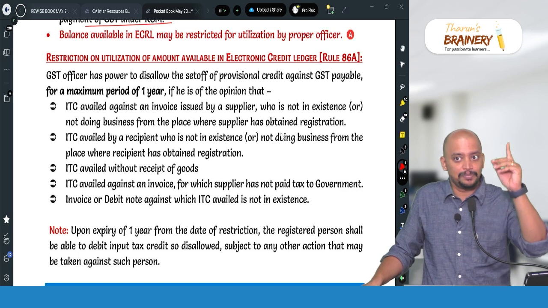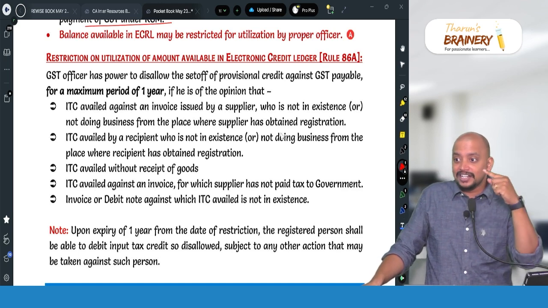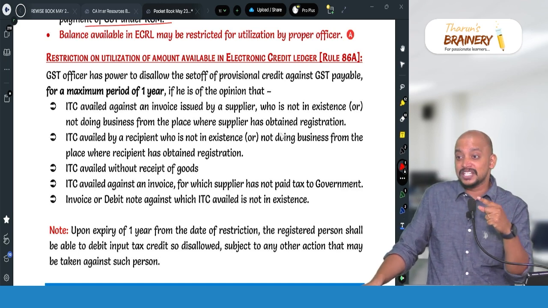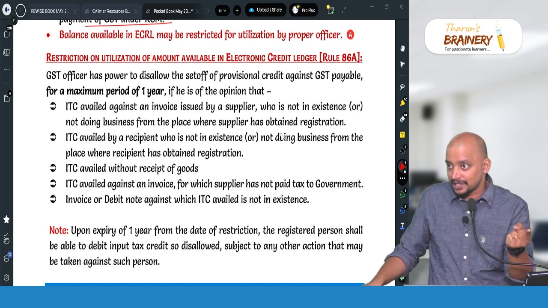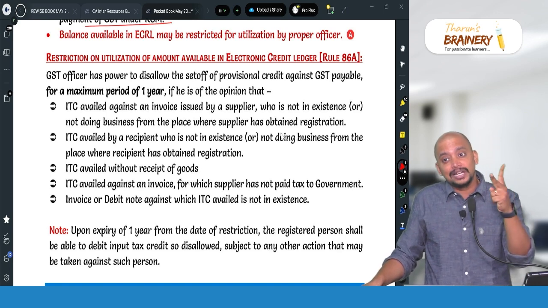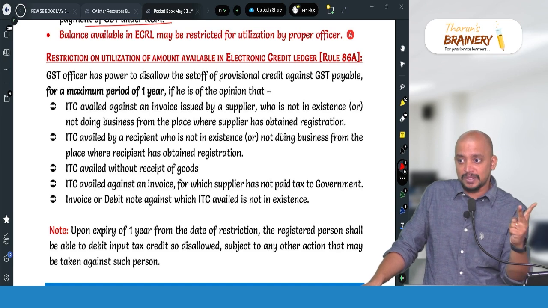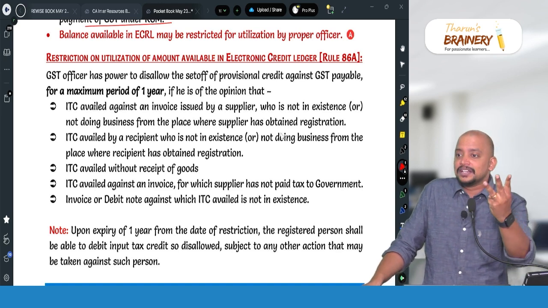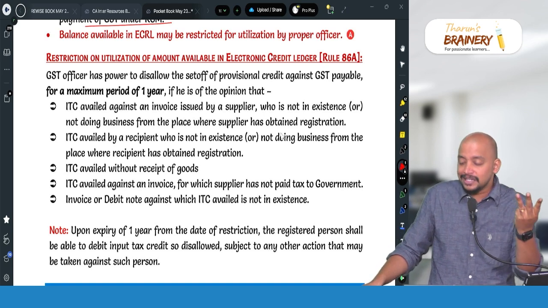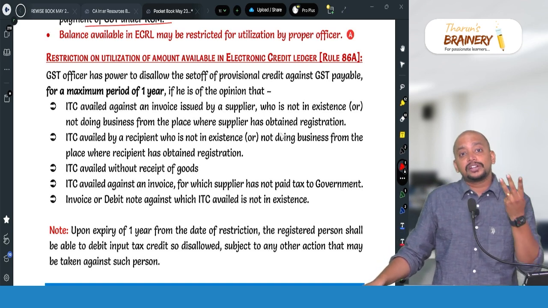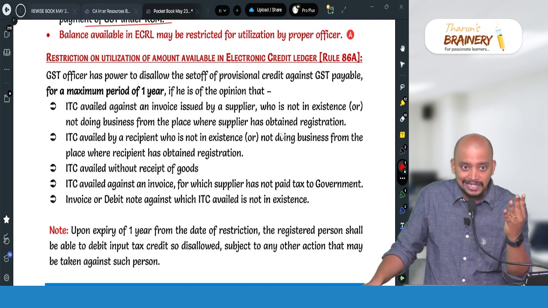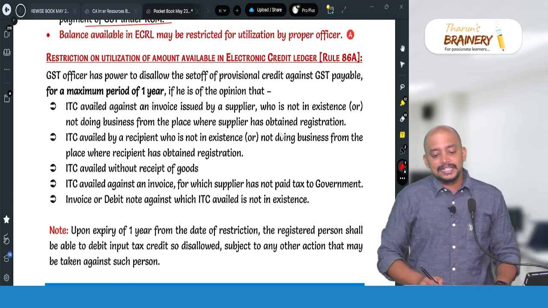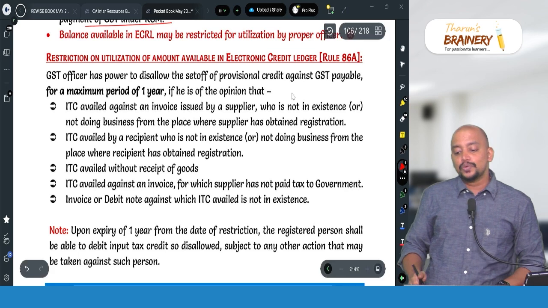Okay, again our supplier is not in existence or not doing business from the place where they have obtained registration, or recipient is not in existence or not doing business from the place where they have obtained registration, or invoice is missing. Okay, the document is missing, or you have not at all received the goods and you availed the ITC. See this. So ITC availed against an invoice by a supplier who is not in existence.